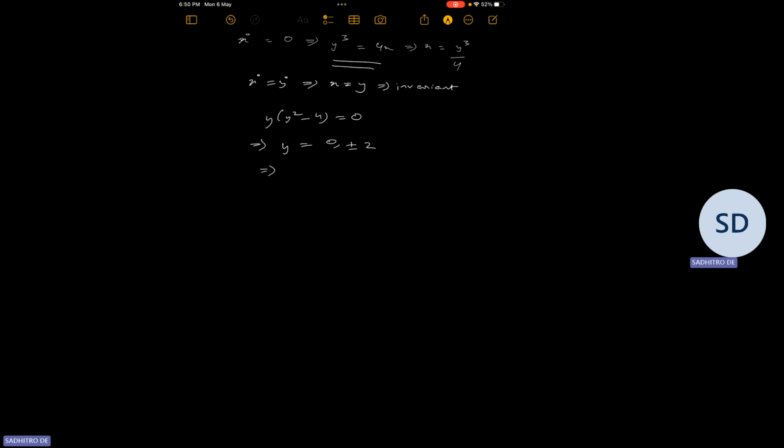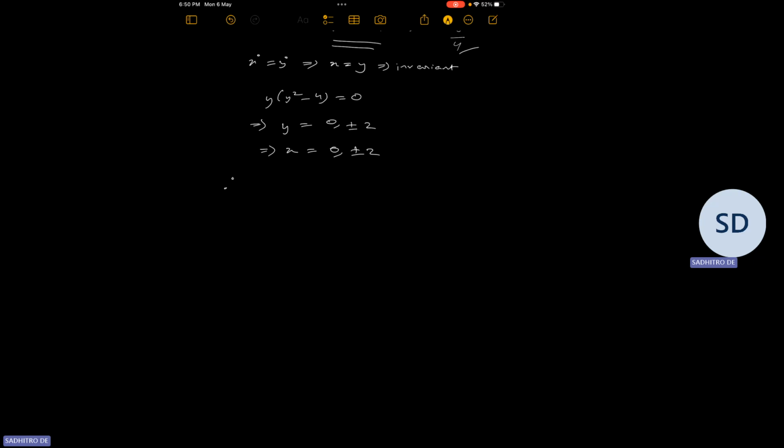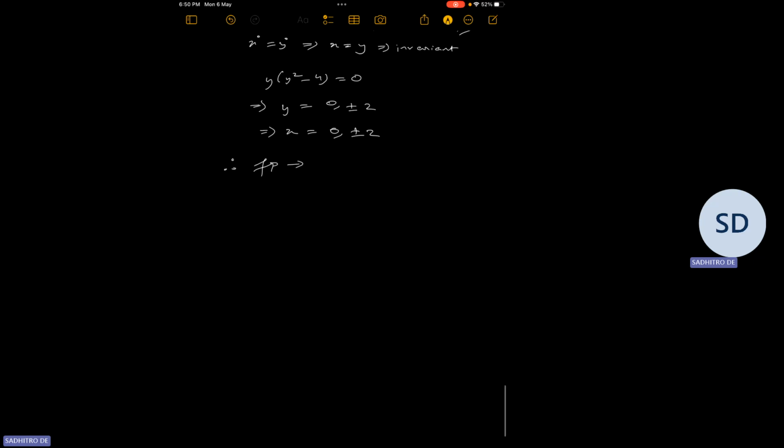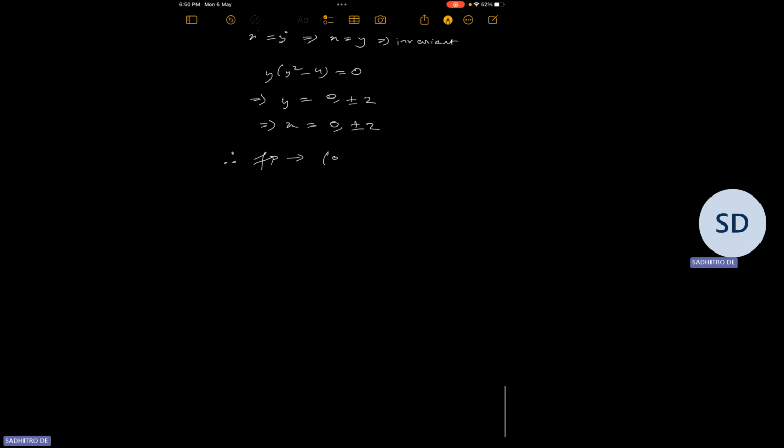Corresponding to this, we have x equal to plus minus 2. Therefore, the fixed points of the system are (0, 0), (2, 2), and (minus 2, minus 2). So these are the three fixed points of the system.